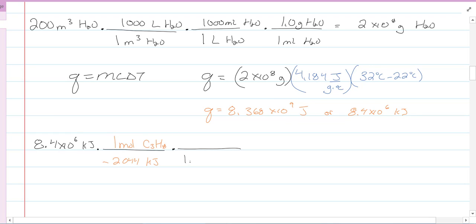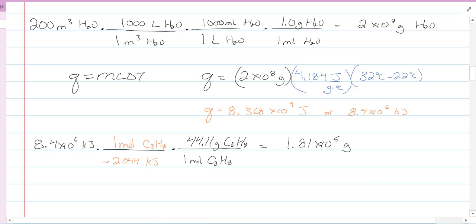And then we know that 1 mole of C3H8 happens to weigh 44.11 grams of C3H8. That gives me basically 1.81 times 10 to the 5th grams.